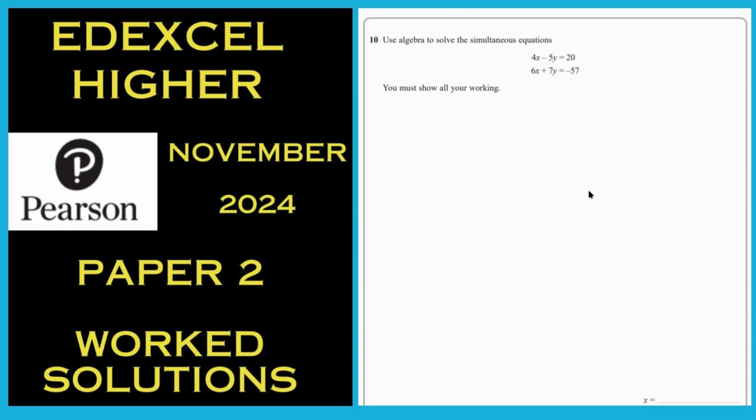Number 10, use algebra, just in case you were thinking about picking up your calc and trial and error. You could, if you wanted to, make the x's the same, make them 12. You could make the y's the same, make them 35.